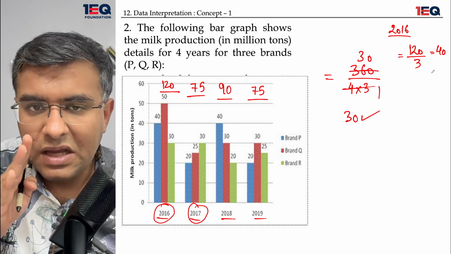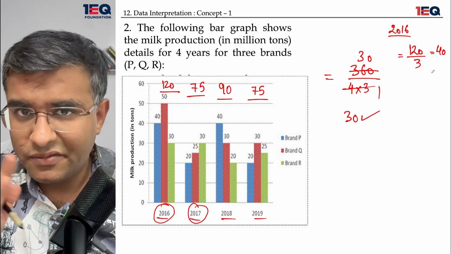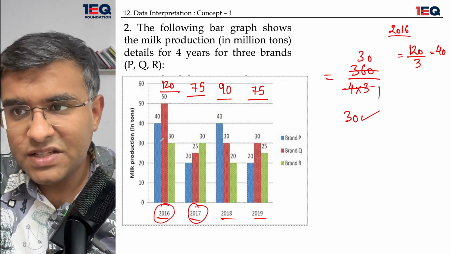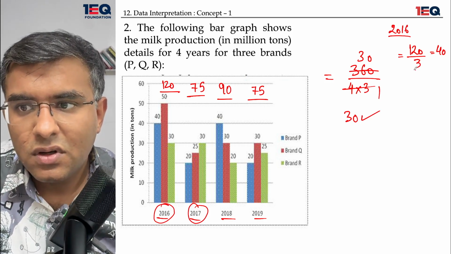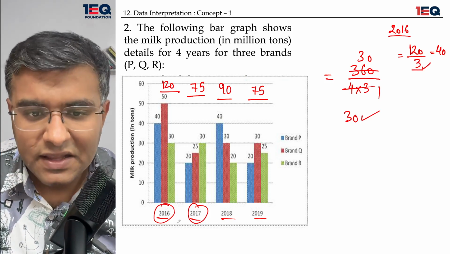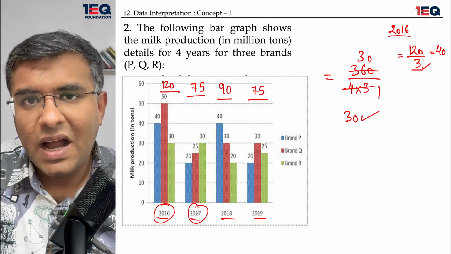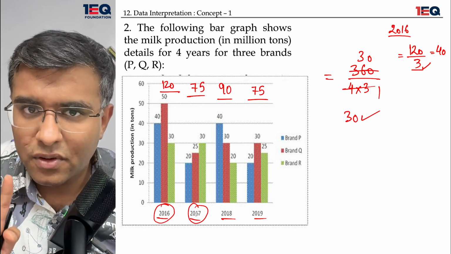But the question has been asked for 4 different years, so I will have to do it for each one of them. I will have to divide all of them by 3 because there are 3 brands present. And then once I have the answer for all the 4 years, I will finally divide it by 4. Why?